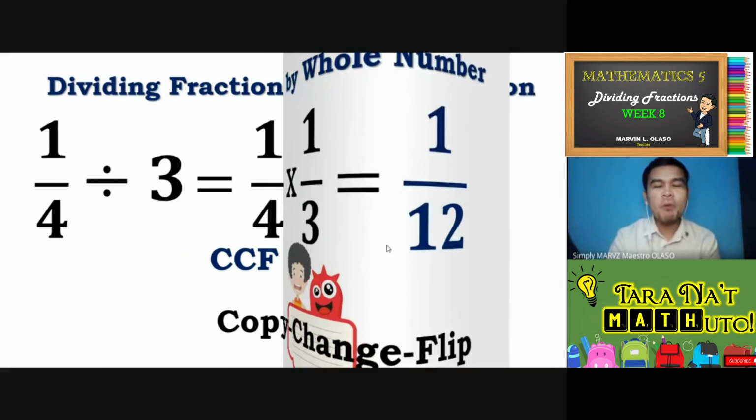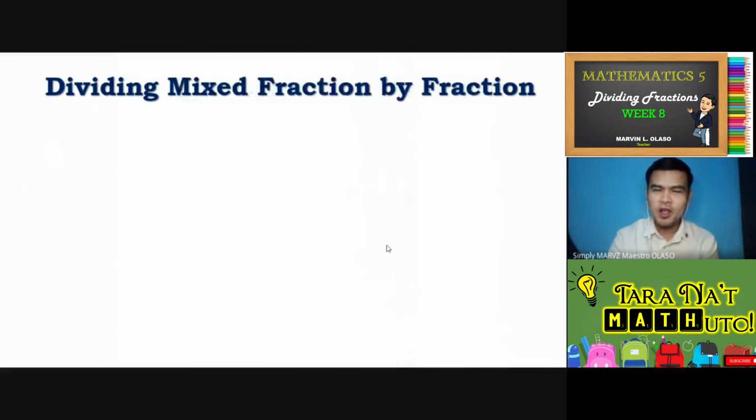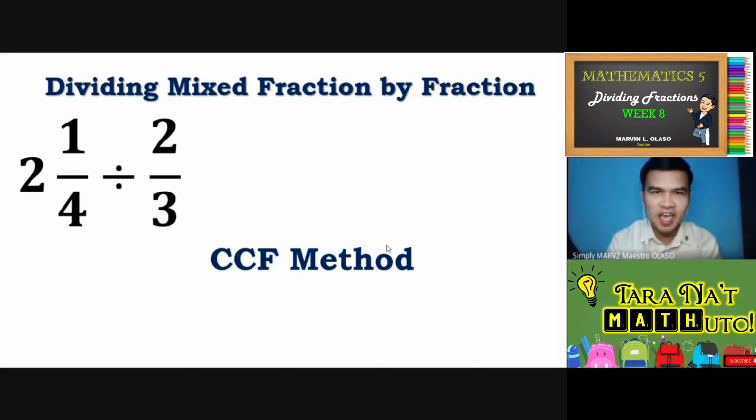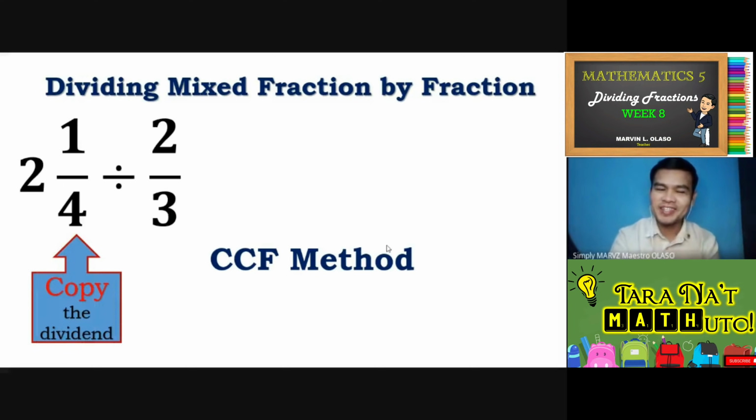Let's have example number 4. What if dividing mixed fraction by fraction? We have 2 and 1/4 divided by 2/3. Still, let's follow CCF method. Step number 1, correct. Copy the dividend. Now, if you are going to copy the dividend and the given is a mixed fraction, change that to improper.